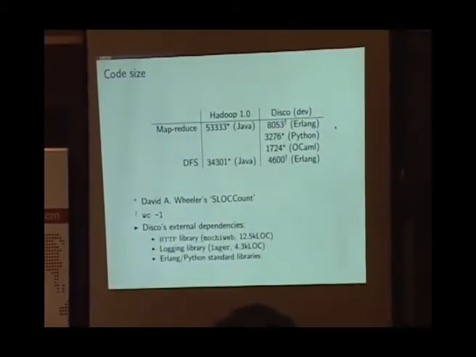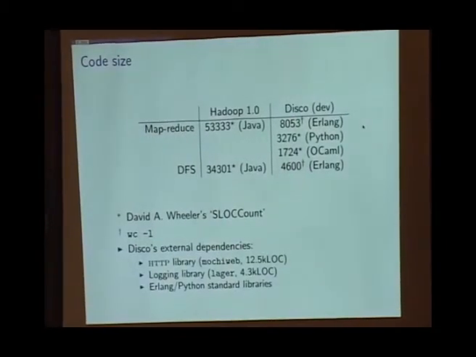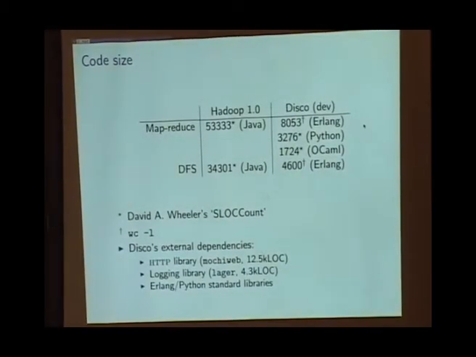This is what Disco looks like in terms of code size. It's extremely small. Here are the lines of code for Java. It's an order of magnitude smaller. It's a few thousand lines of code, 8,000 lines of code in the MapReduce compute segment. This is for the development branch.